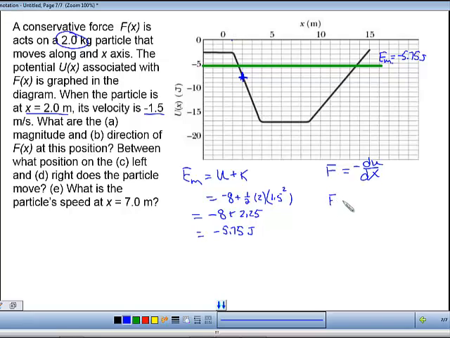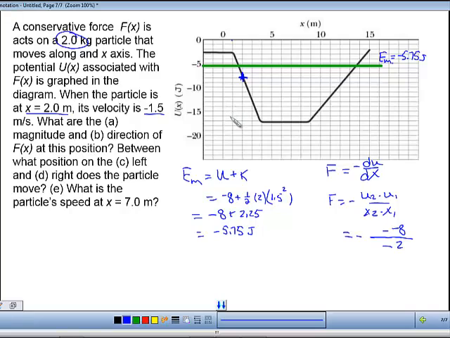So the force is equal to negative u2 minus u1 over x2 minus x1. Okay, so let's go ahead and pick the point that they gave us, and that was u1 was -8, and x1 was 2.